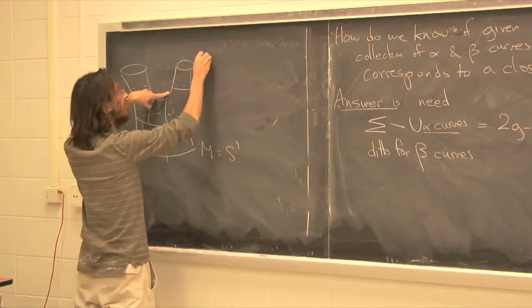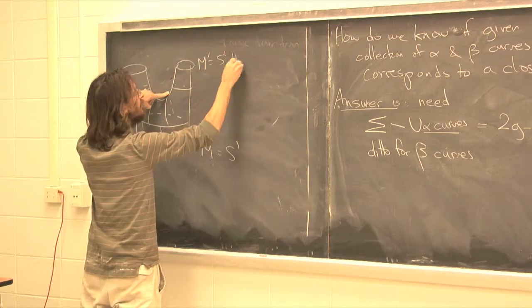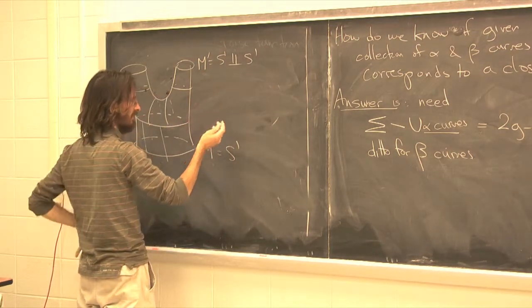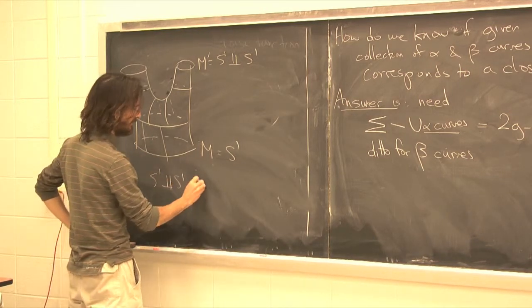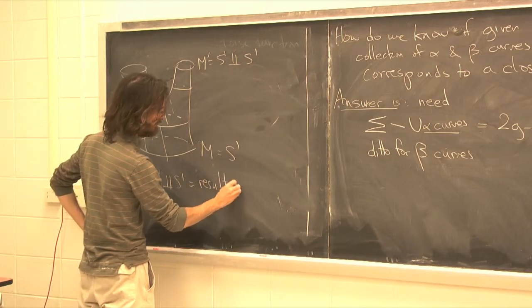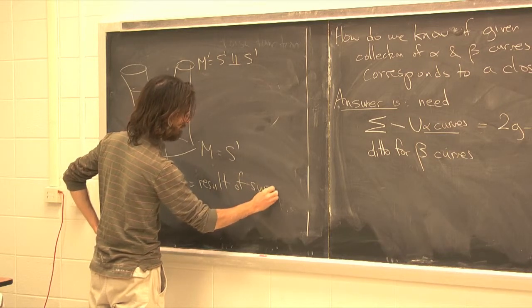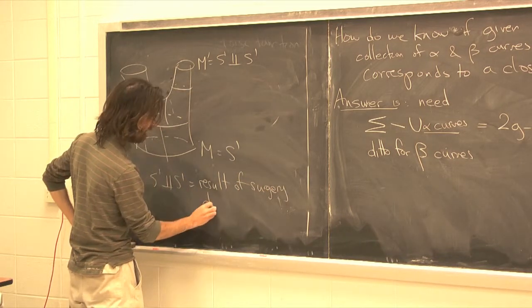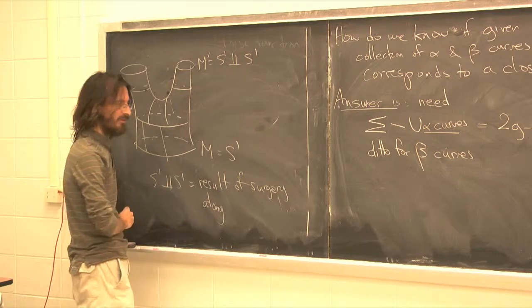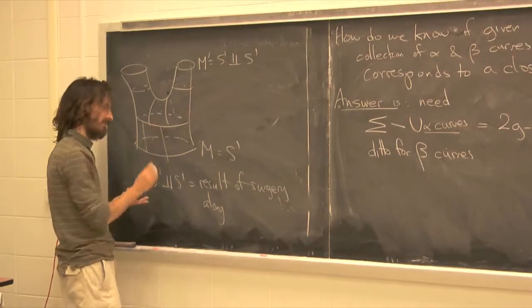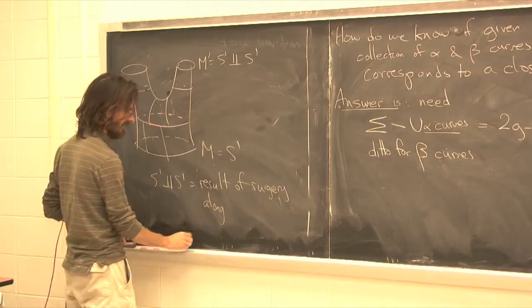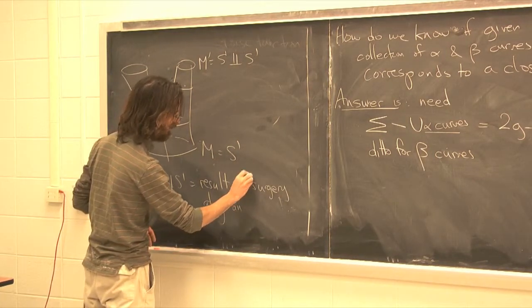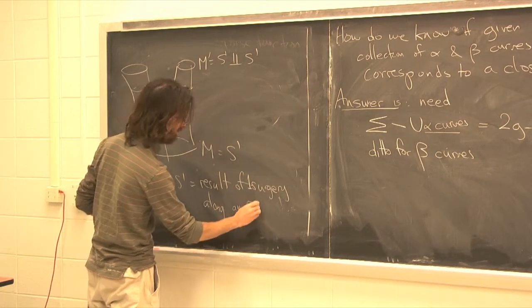So this M prime equals S1 disjoint union S1. And so we could say that S1 disjoint union S1 equals the result of surgery along what? Well, it's along a pair of points, right? Whatever I need to characterize the attaching map along an S0.